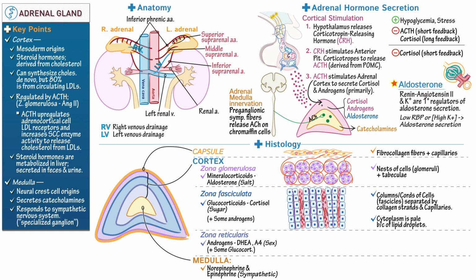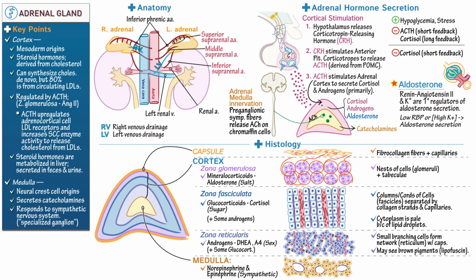Next, show that the zona reticularis comprises small branching cells that form a network, also known as a reticulum, with capillaries. Because these cells have low lipid levels, they stain dark; indicate that you may see brown lipofuscin pigments in this layer. Lastly, show the chromaffin cells of the medulla, which are arranged in clusters around venous channels that deliver catecholamines to the blood. This concludes our diagram.